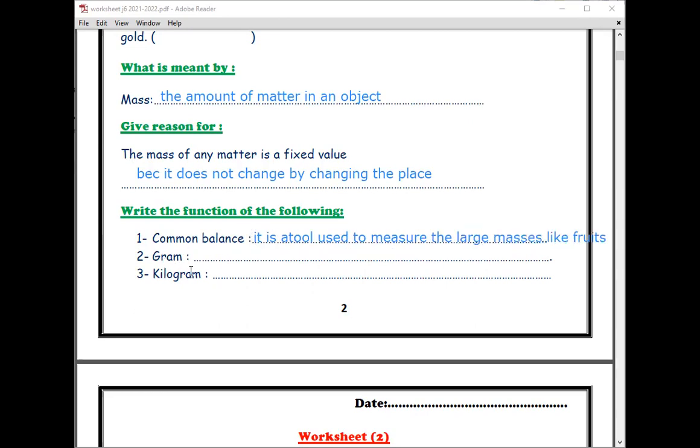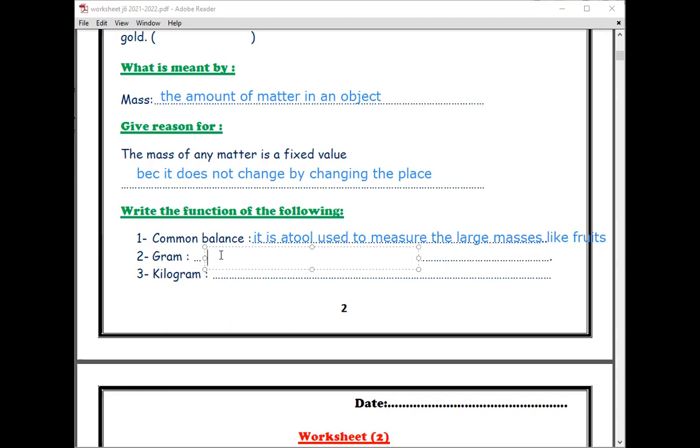Number 2, gram. What is the function of the gram? Gram, it's a tool or unit, Junior 6. Gram and kilogram are units, not tools. Here I write tool because the balance scale is a tool, the device that's used to measure the large masses. But gram and kilogram are units. Gram is used to measure the small masses, but the kilogram is used to measure the large masses.